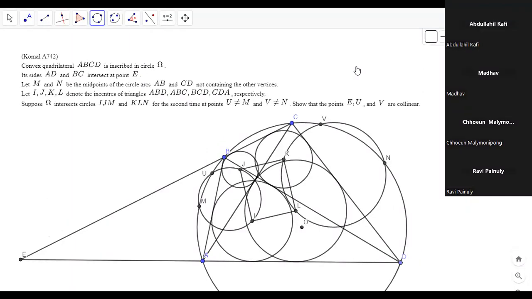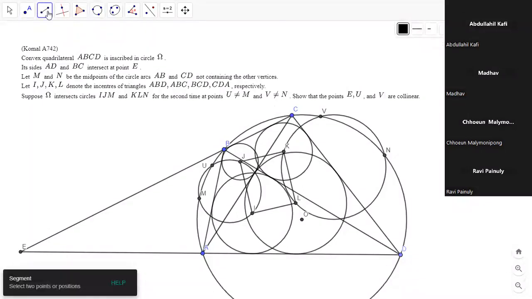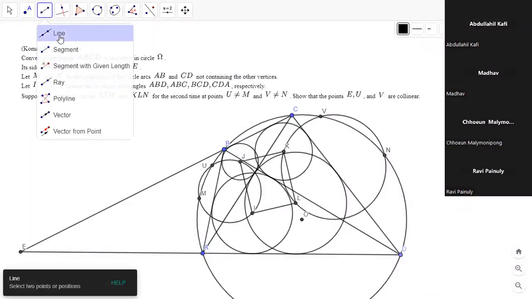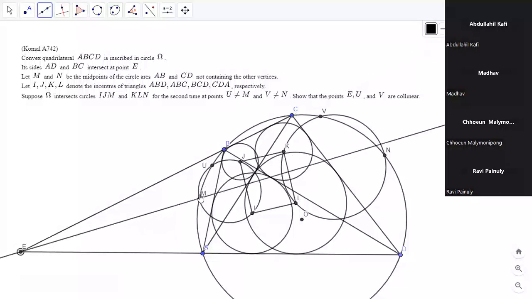Are E, M, and N collinear? I don't think so, but it could be. No, they're not.